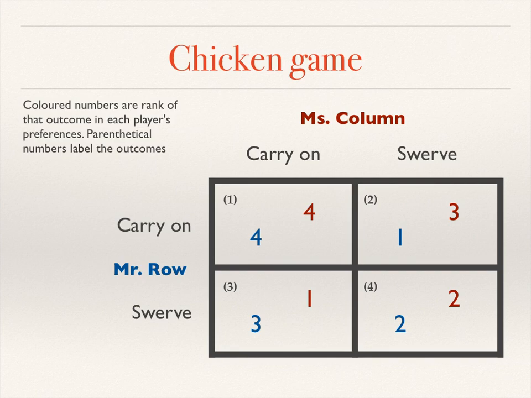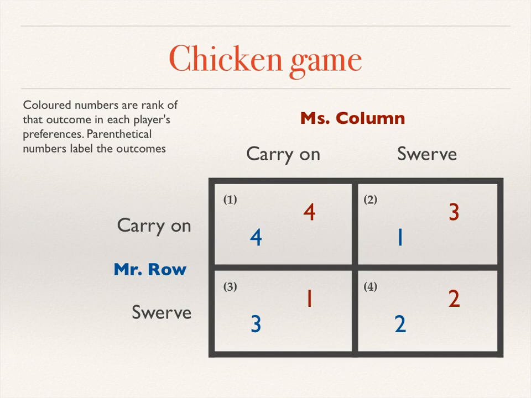If they crash, that's the worst outcome for either one of them, right? The fourth place outcome. The best outcome for Ms. Collum is if she keeps going and Mr. Rowe swerves aside. So that's her best outcome because that's the way she wins.